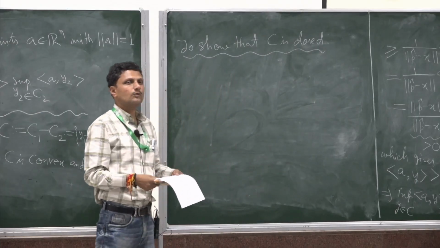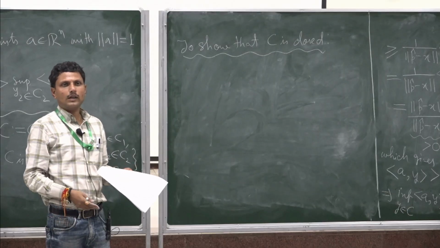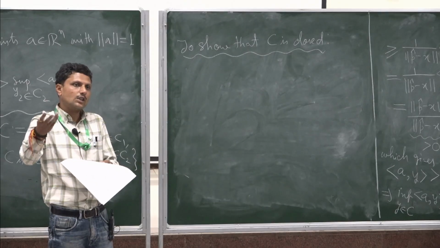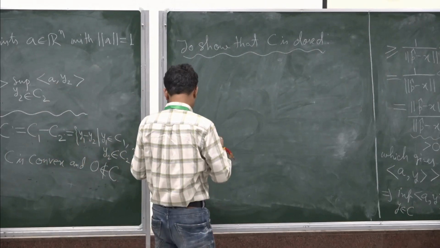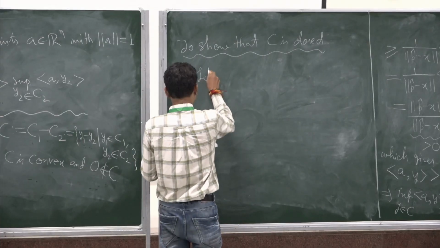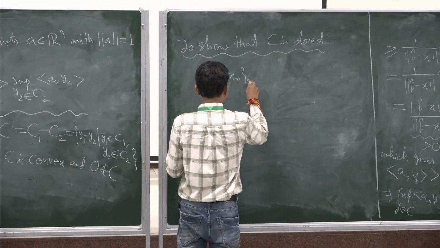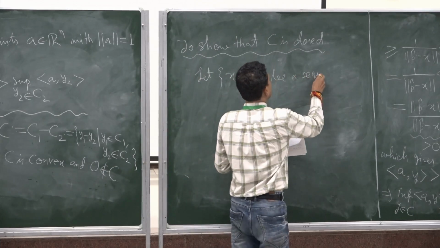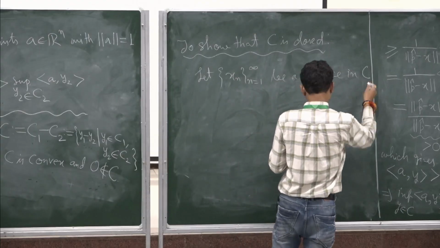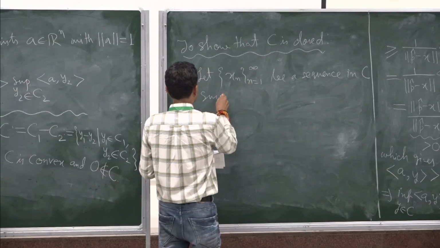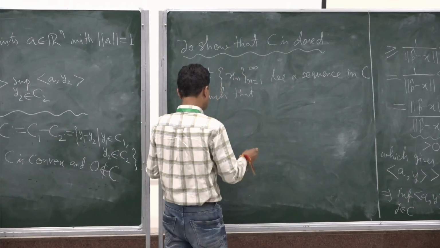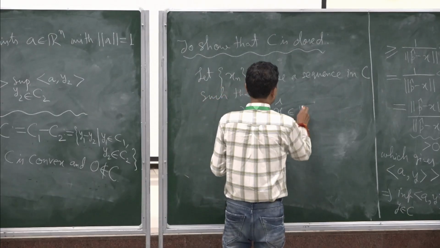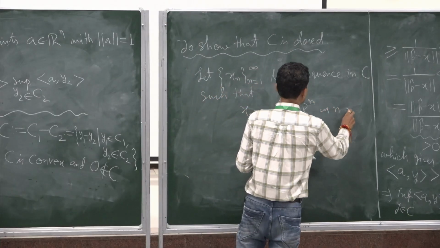So how do we prove that a set is closed? In analysis, you take a sequence, and the limit of the sequence must also be in that set. That is the same thing we are going to use. So let xn, n equal to 1 to infinity, be a sequence in C such that xn converges to some x hat in Rn as n tends to infinity.